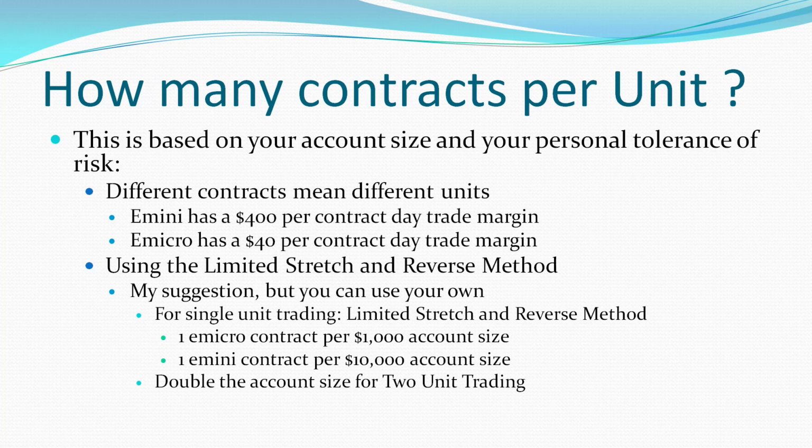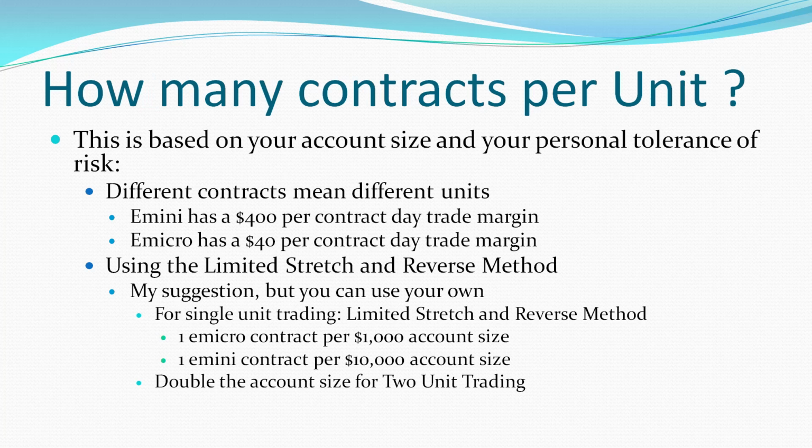All right, so again, emphasizing that using the limited stretch and reverse method, right? My suggestion, but of course you can make your own. I would not necessarily go more aggressive than my suggestion, but you can go more conservative if you wish. Just because we're using the limited stretch and reverse method doesn't mean you need to trade multiple units, right?